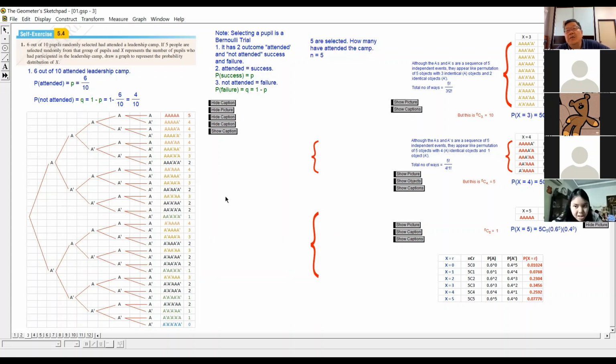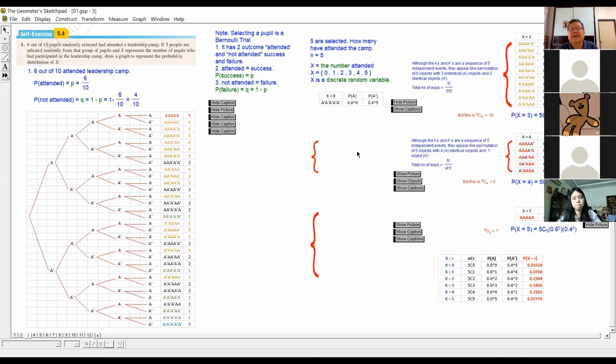How many times is this selection repeated? It is repeated 5 times. So n equals 5. Lastly, what is the x? X is the number who attended the leadership course. So x can be 0, 1, 2, 3, 4, 5. And in this case, it is a discrete random variable. Okay, right.